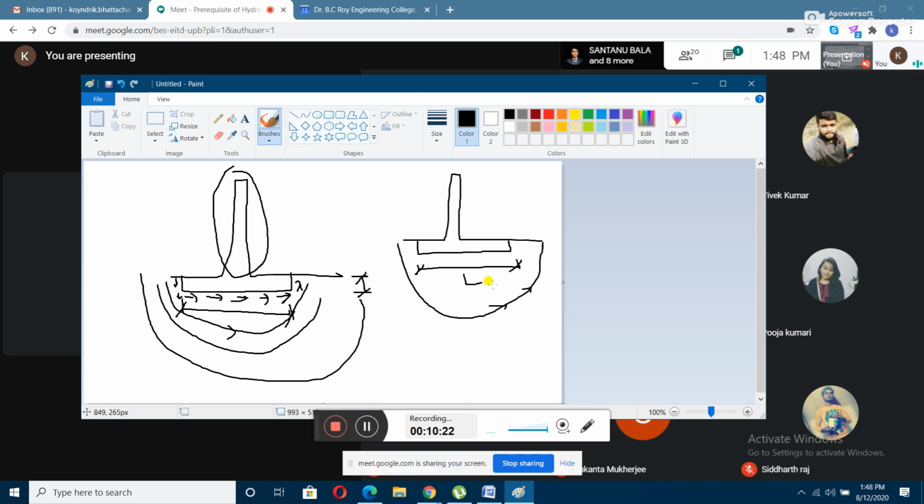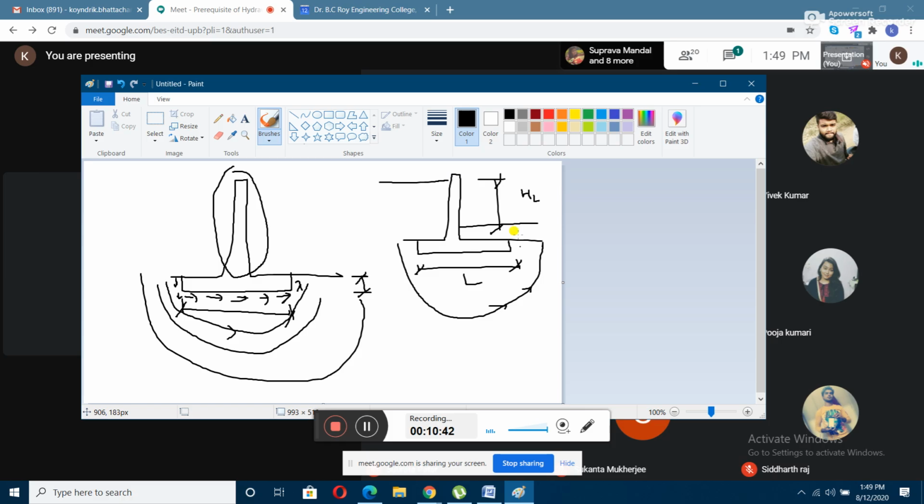Bleak further assumed the head loss per unit length of creep. There is a head of water here, and there is a head of water on the downstream as well, so there will be a head loss. This head loss is denoted by HL.